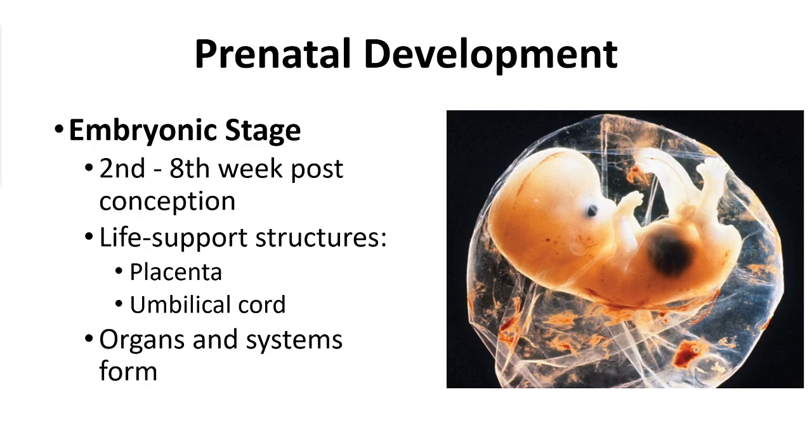And the embryo is what we're now calling what in the previous stage we called a zygote. As the zygote gets more nutrients and starts growing and dividing, we transition to calling it an embryo.